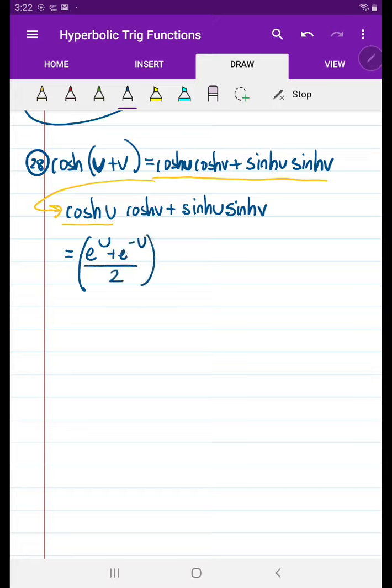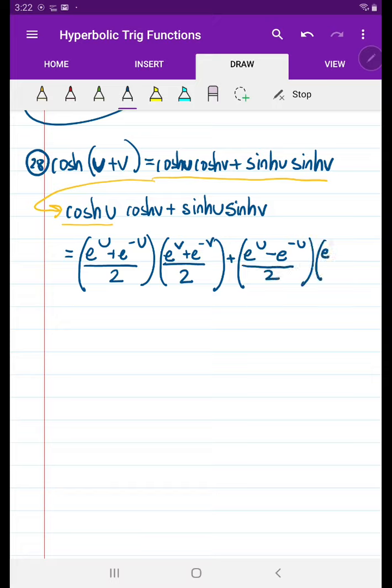And I did the same thing for my cosh v, and that's going to turn into e to the v plus e to the negative v over 2. And I did the same thing with the sinh on the other side of the addition sign. I'm just rewriting it with my exponentials. So I'll have e to the u minus e to the negative u over 2 times e to the v minus e to the negative v over 2. So I've just rewritten everything in terms of my exponentials.